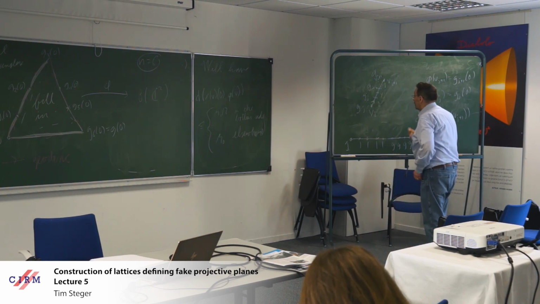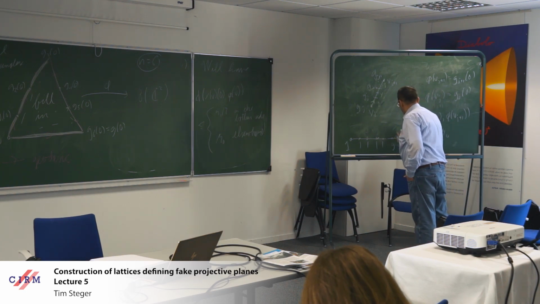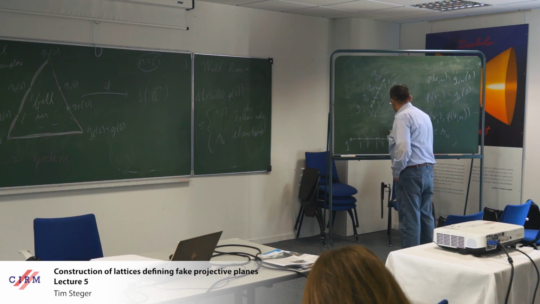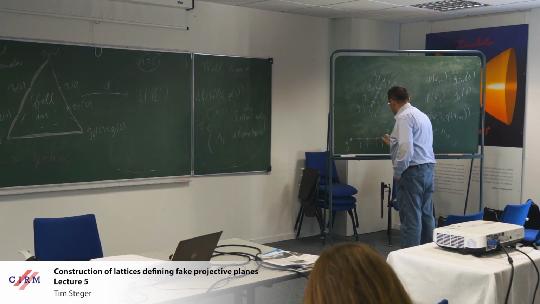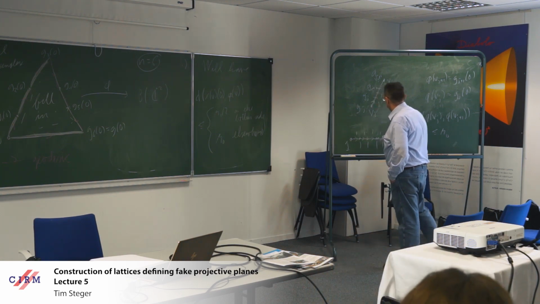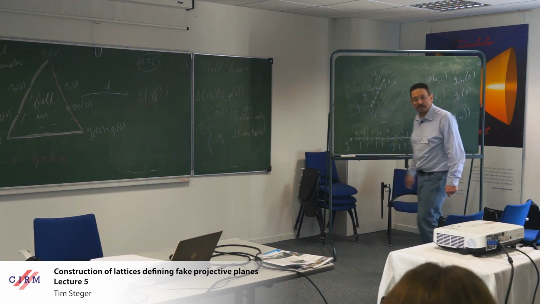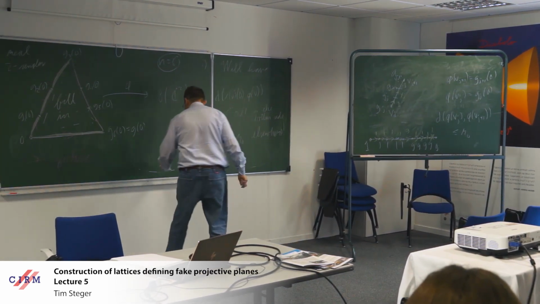Our edge labels come out as 1, 1, 1, 1. This edge label comes out as G. No, it's G inverse. I'm drawing these in the wrong direction, not that it makes a great deal of difference, but G there, and then 1, 1, 1, 1. Okay, and we match that.